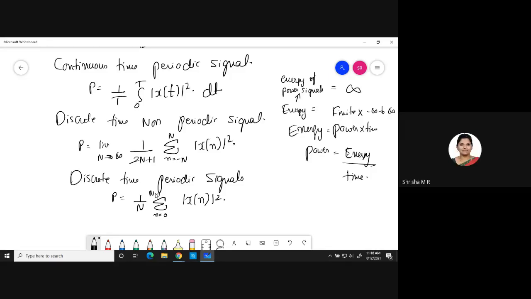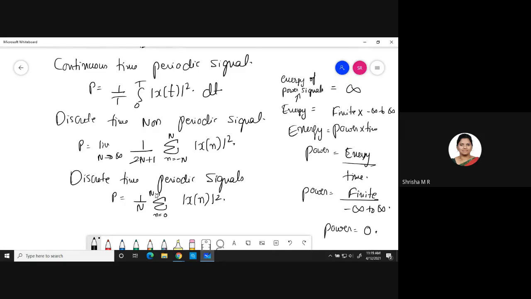Similarly, what is the power of energy signals? Energy will be finite, and time will be minus infinity to infinity. So what happens to power? Power will be 0. This you have to know.